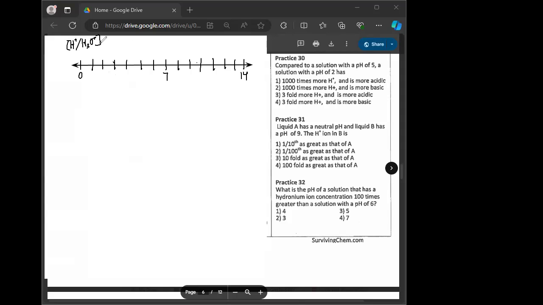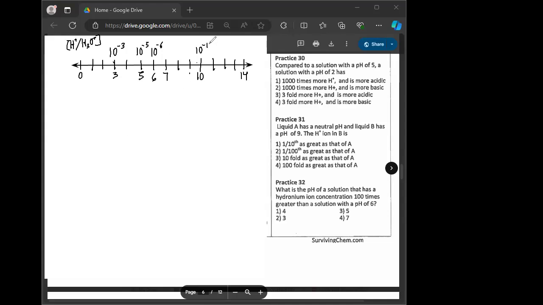So pH of 3 means that there's 10 to the negative 3 hydrogen ions. pH of 5 means that there's 10 to the negative 5 hydrogen ions. pH of 6 means 10 to the negative 6. A pH of 10 means 10 to the negative 10.